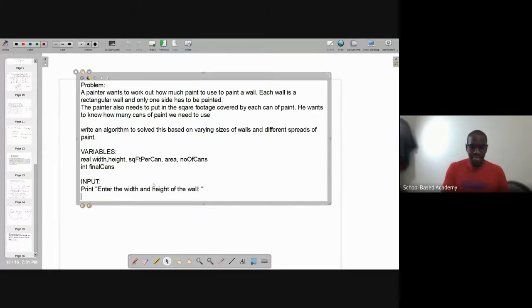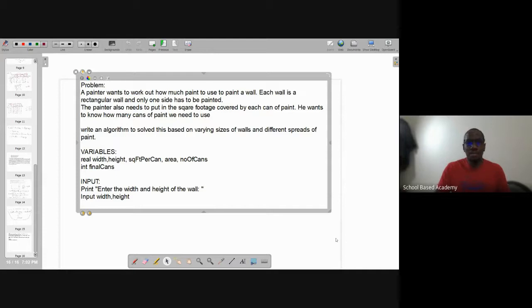And then I have a statement that says input width, comma, height. What does this tell me? I am prompting the user to enter the width, to enter the height, and I'm storing the width and the height in the variables width and height.